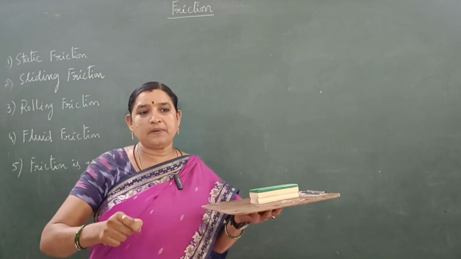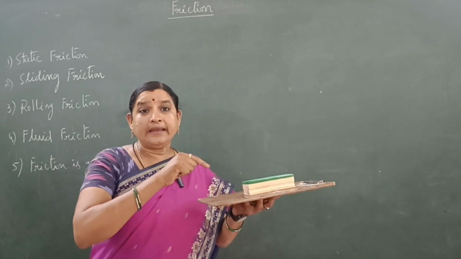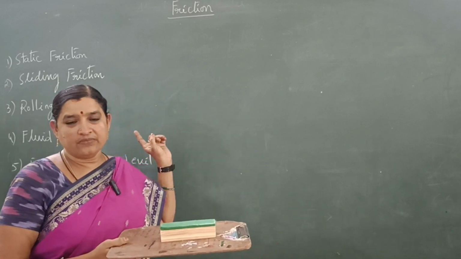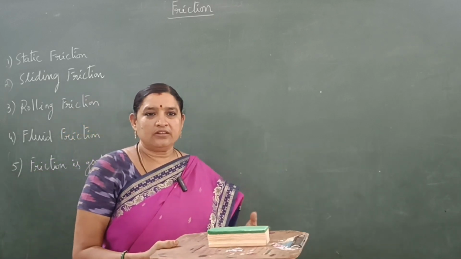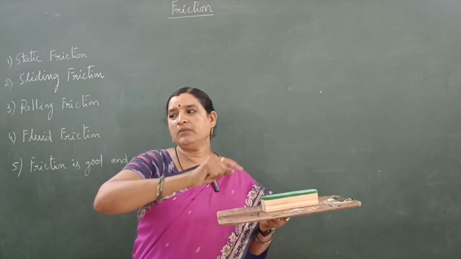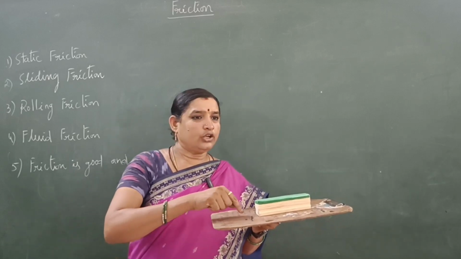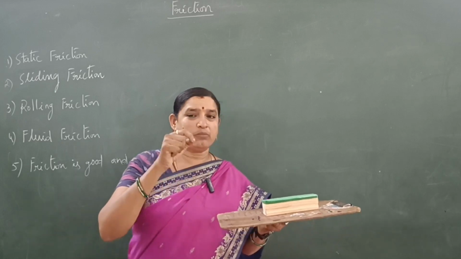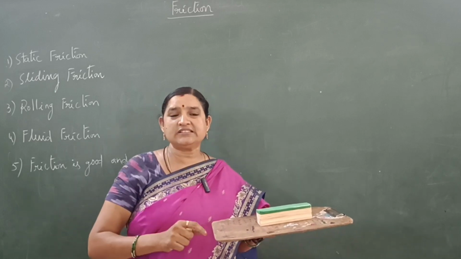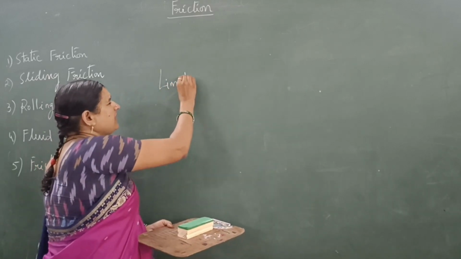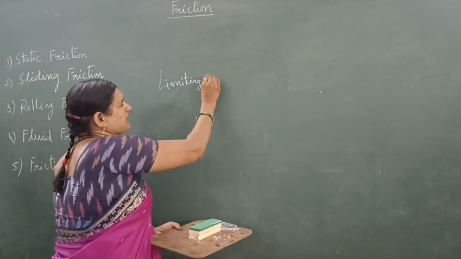That force at which the object gets ready to move is called limiting friction. If it exceeds that limit, the body which is at rest comes into motion.